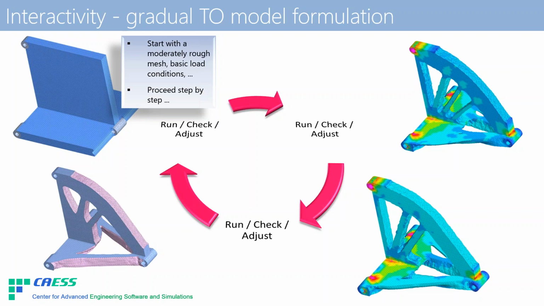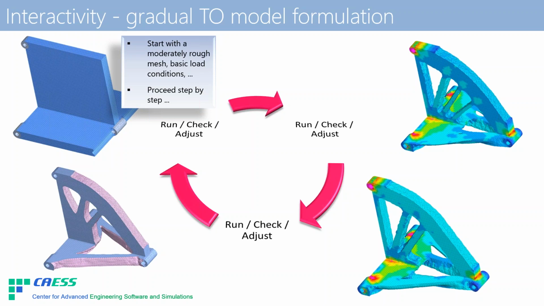So this is the main reason that ProTOP is actually designed in the opposite direction. It is designed to be as interactive as possible, and we always advise our customers to build their optimization problems gradually.